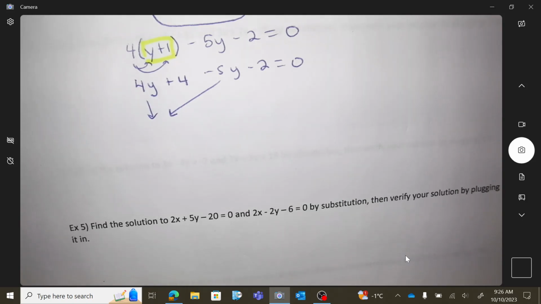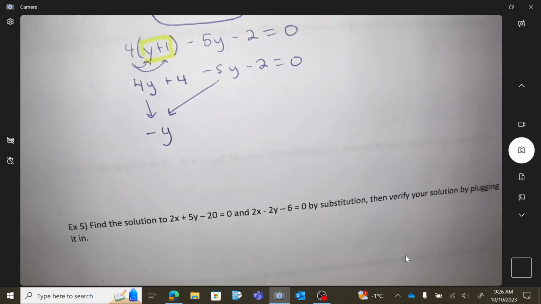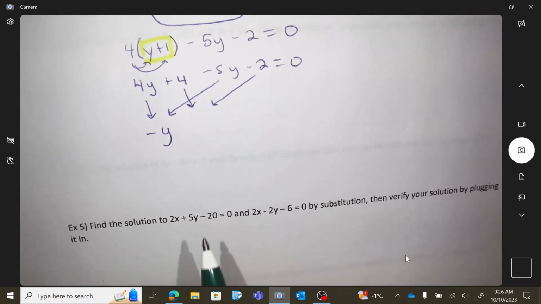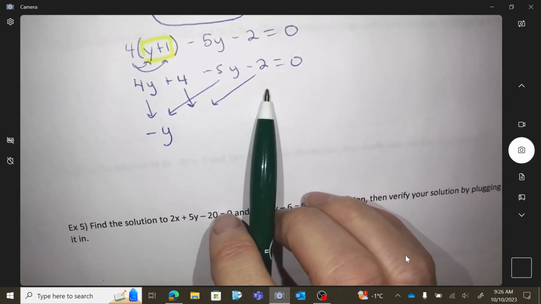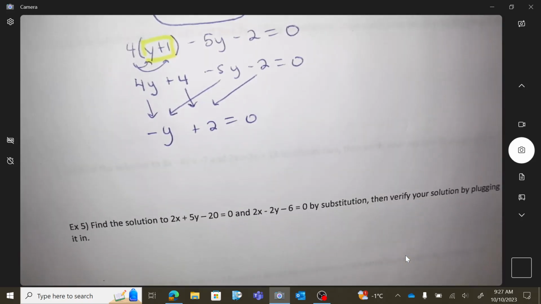So there was a 4y subtract a 5y, so be careful with your number here. Did you get a negative out of that? And then collect the numbers. So there was a 4 subtract 2, so that would be plus 2. So algebraically, I'm going to move the number.